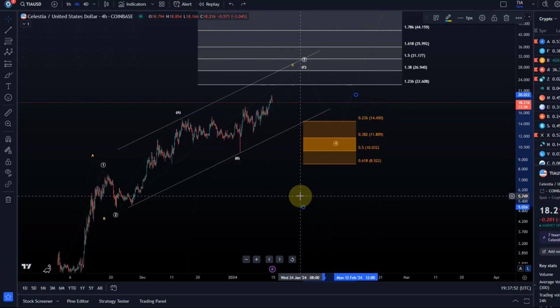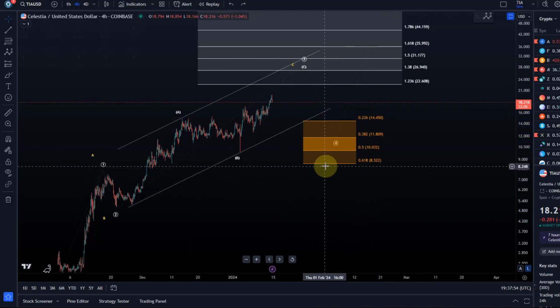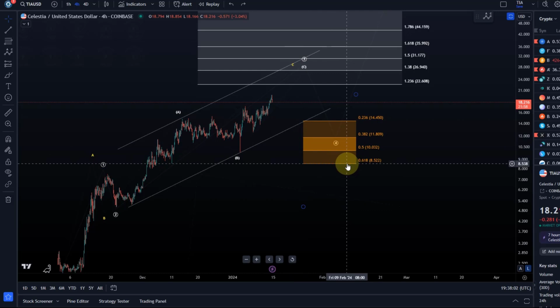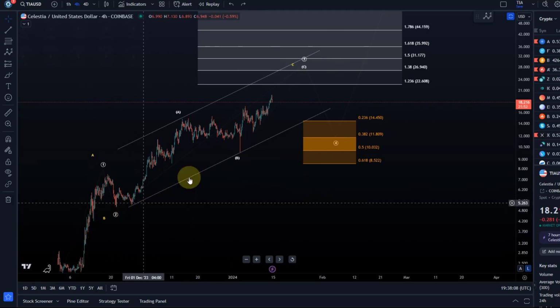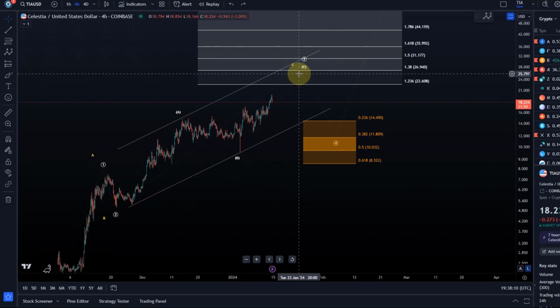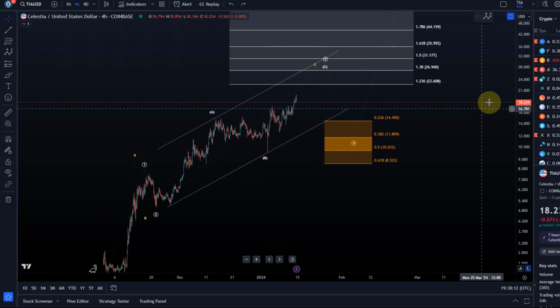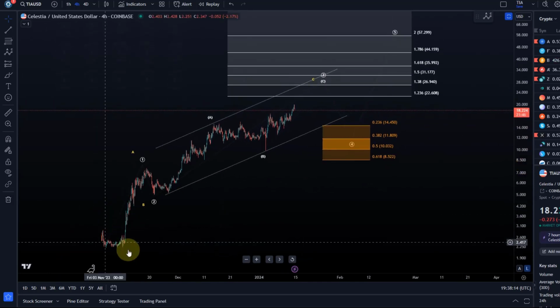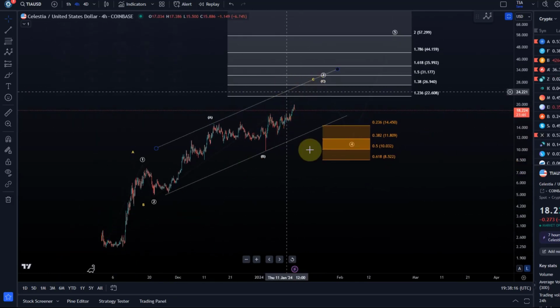But critical is going to be $10. Ideally, we don't break below that level. That would be quite weak. But for a diagonal, we have to sometimes expect the 61.8 retracement level as well. In this case, 8.52. Below 8.52, I have to assume that the price topped in a three-wave structure. And that will make the chart uncertain, because any three-wave top can turn into anything.